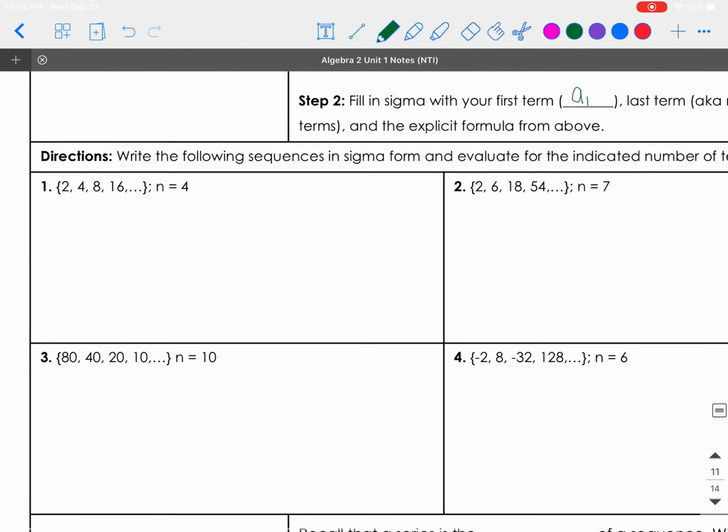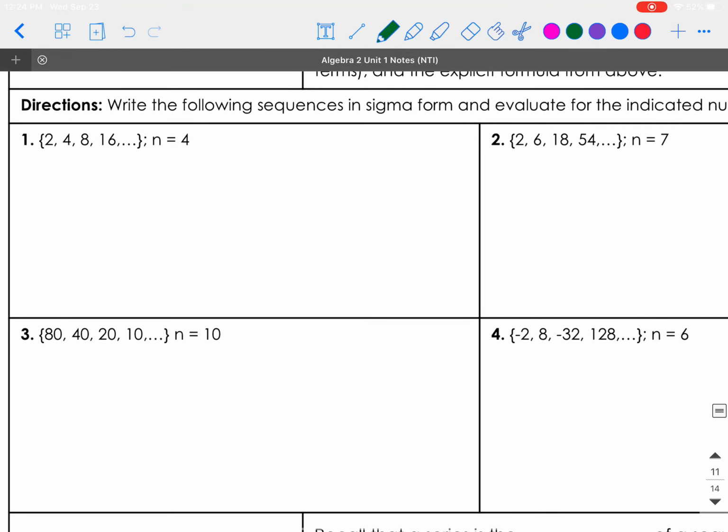And so if we look at number 1, we start out with sigma. N equals 1 on the bottom. 4 goes on top.